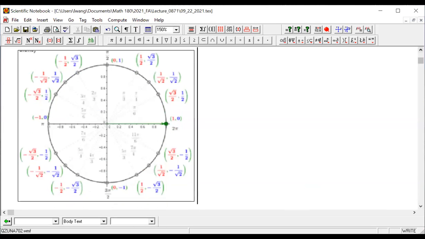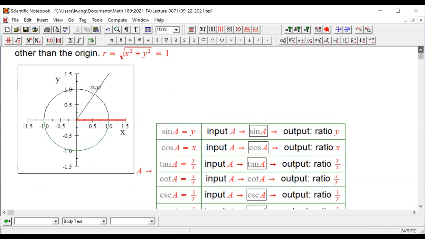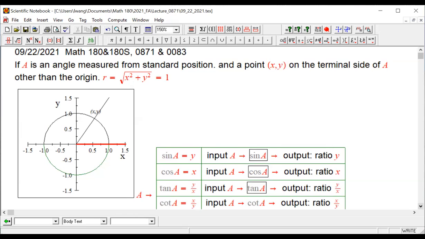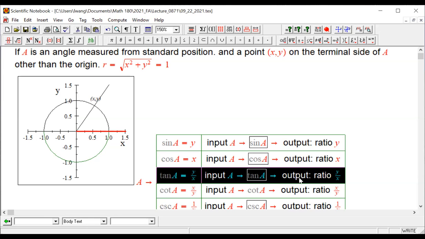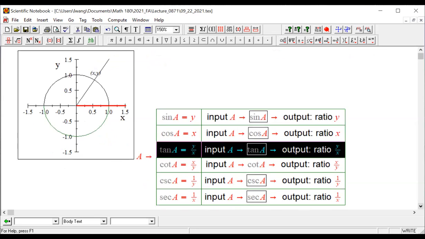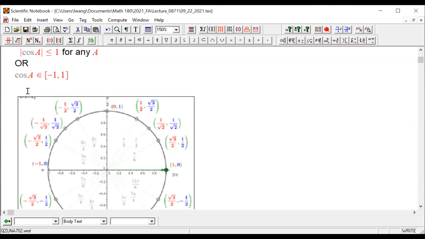How is tangent defined? We have that stage set. How is tangent defined on that stage?